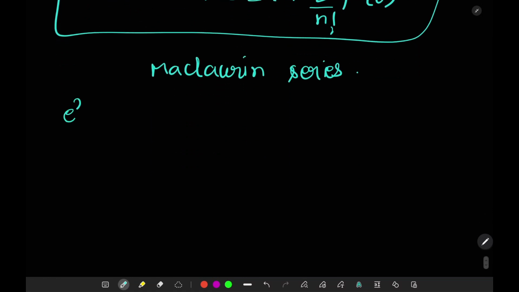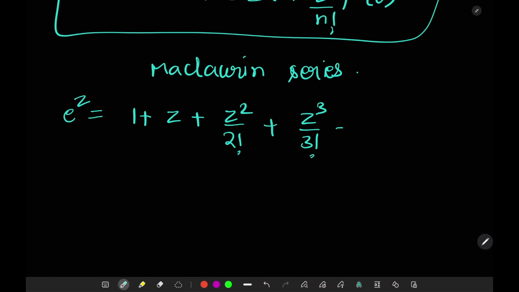Here are some important expansions. We can write e raised to power z equals to this. So this is z raised to power 4 divided by factorial 4, up to so on.